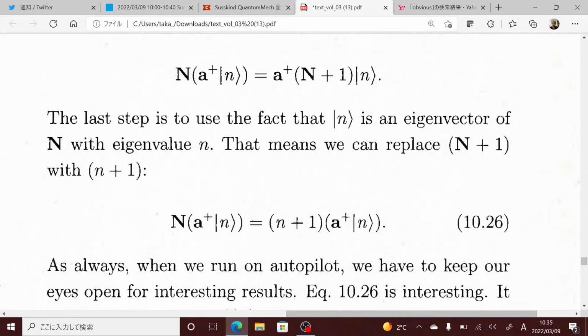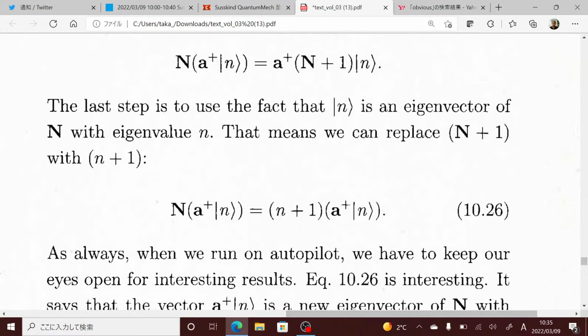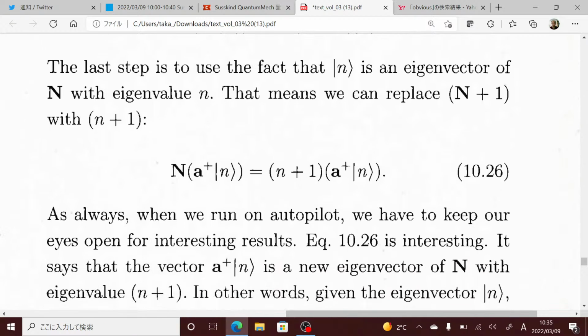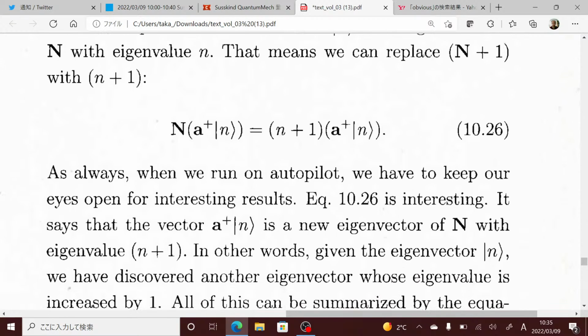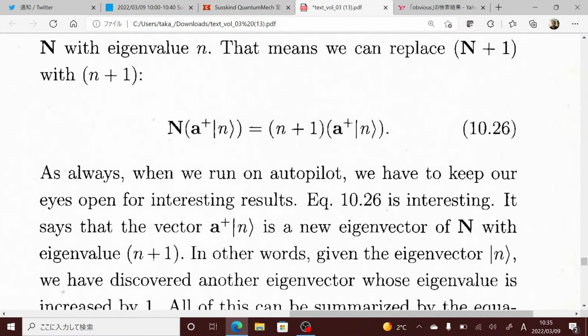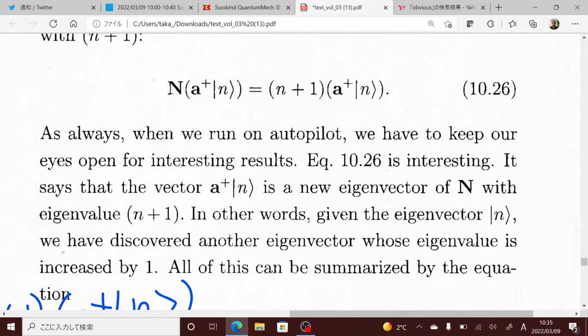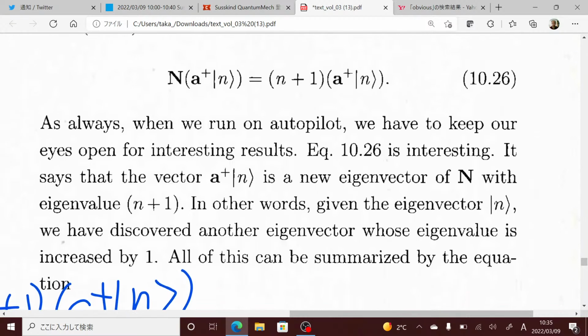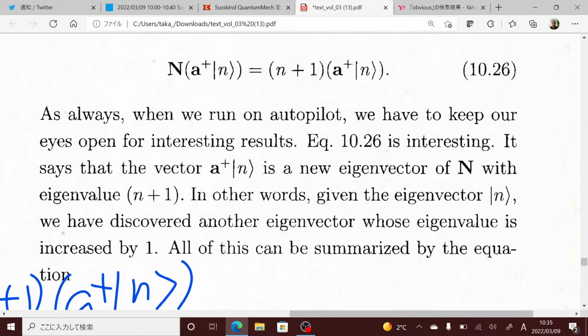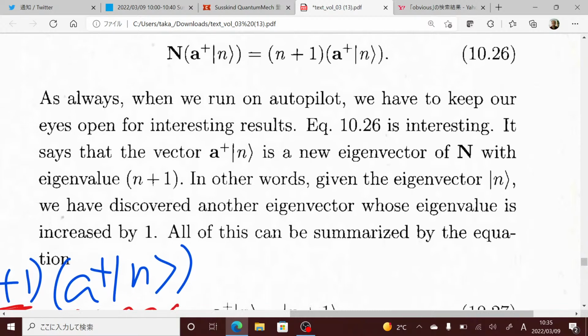That means we can replace large n plus 1 with small n plus 1. Large n a plus n equals small n plus 1 a plus ket of n.